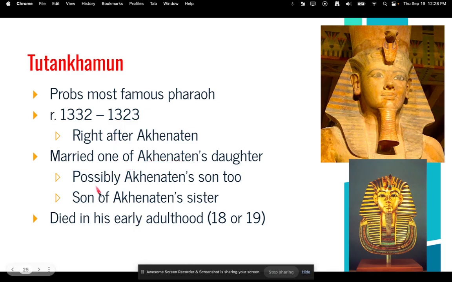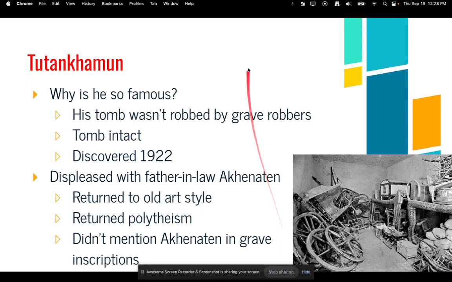There's kind of a debate among historians about whether he's actually Akhenaten's son as well, or the son of one of Akhenaten's sisters. That's a big historical debate, but he's somewhat related to Akhenaten, though no historian knows exactly how. He also died in his early adulthood, at only 18 or 19 years old.